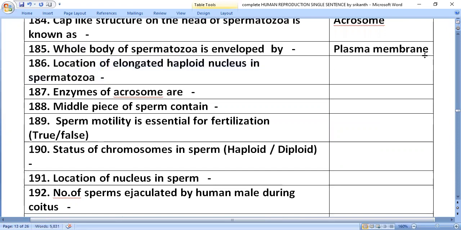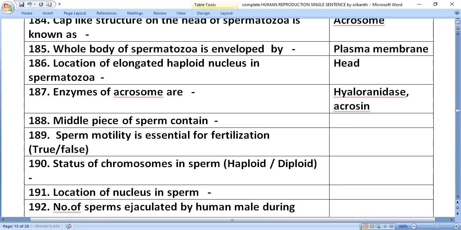Location of elongated haploid nucleus in spermatozoa: head. Enzymes of acrosome are hyaluronidase and acrosin, etc.